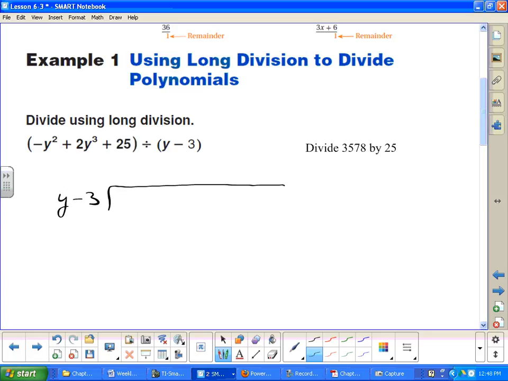When I write it under the division sign, I'm going to put it in standard form. So we have 2y cubed minus y squared. Since there's no y term, I have to put a 0 in for that. And then plus 25.